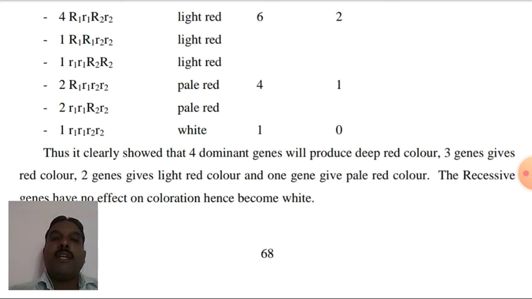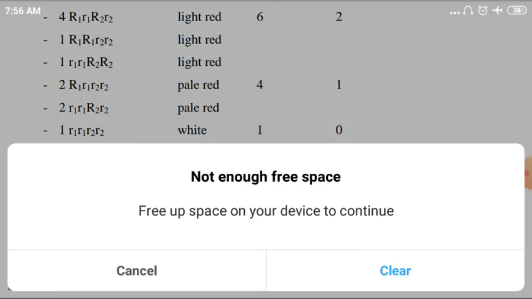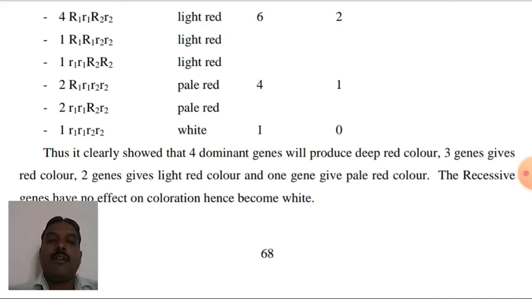So from that it is clear that 4 dominant genes produce deep red or dark red color, 3 dominant genes produce red color, 2 dominant genes produce light red color, and 1 dominant gene produces pale red color. The absence of dominant genes produces no coloration, that is, white color. So it is clear that the number of dominant genes or independent genes have additive and cumulative effects.